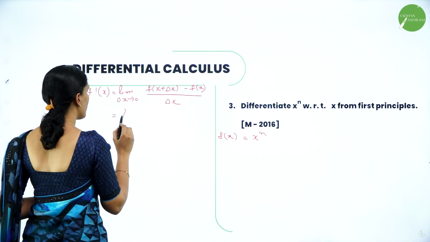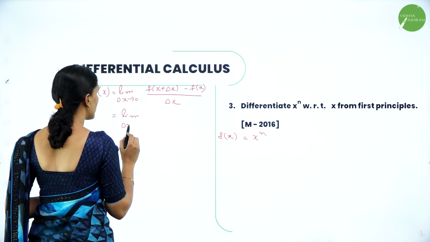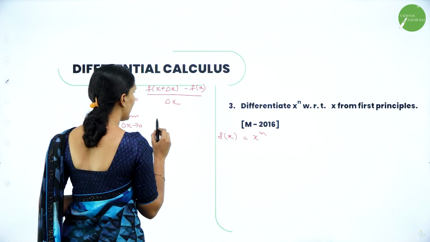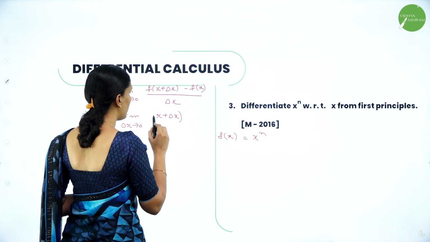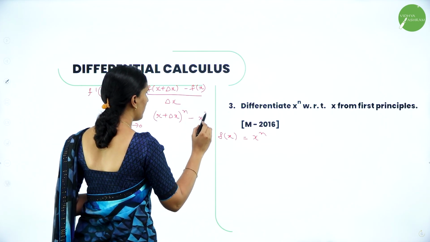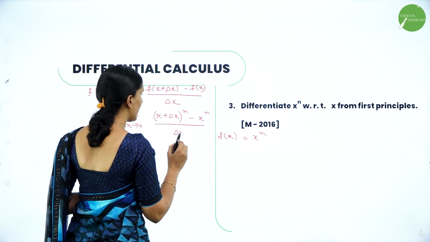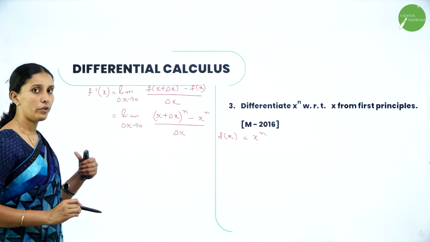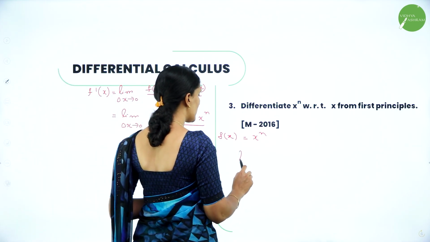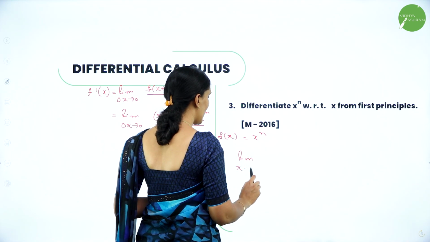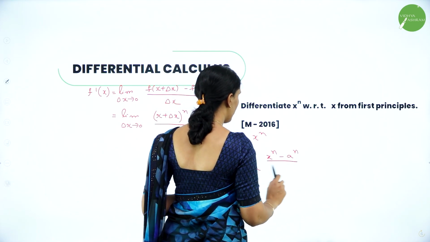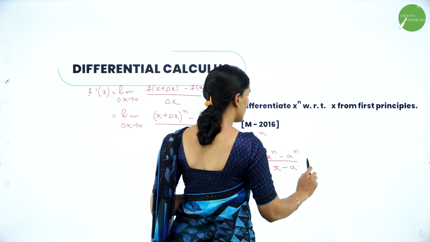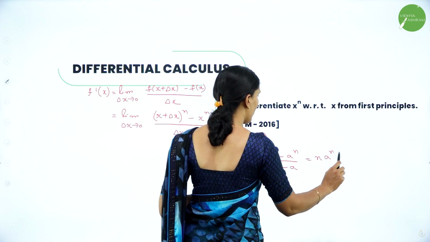So now this becomes limit delta x tends to 0, (x plus delta x) whole to the power n minus x power n, divided by delta x. Now we know the standard limit, that is limit as x tends to a, (x to the power n minus a to the power n) divided by (x minus a) is n into a to the power n minus 1.